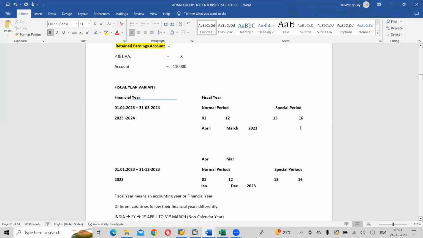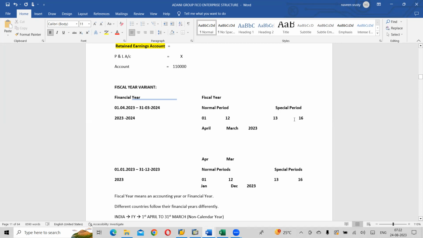If the same entry is found in May, then we will take the posting date as 31st March 2024, but the period we will take as 14, because we found it in May. The same thing if we find it in June: the date will be the same, 31st March 2024, but the period will be 15.